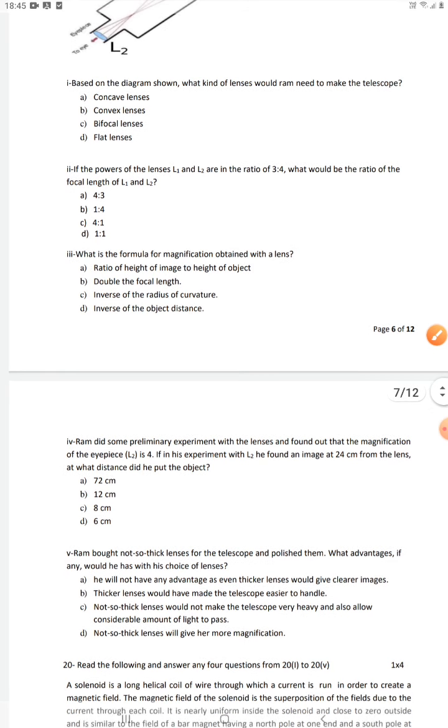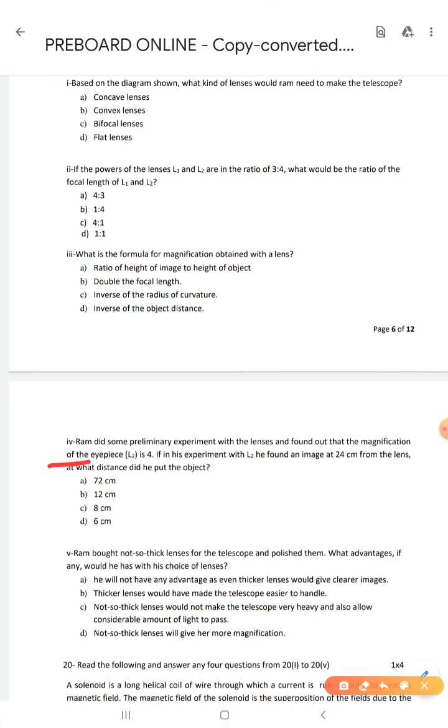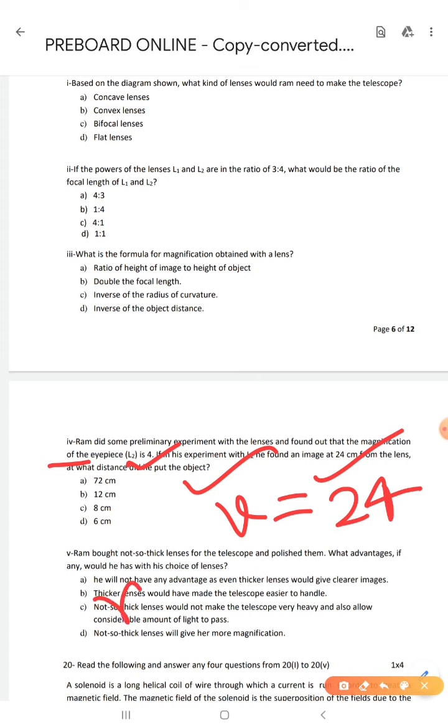Now in this question, Ram did some experiment with the lenses and found the magnification for this one. What distance do we have to find? V is given, which is 24. Magnification is given as 4.